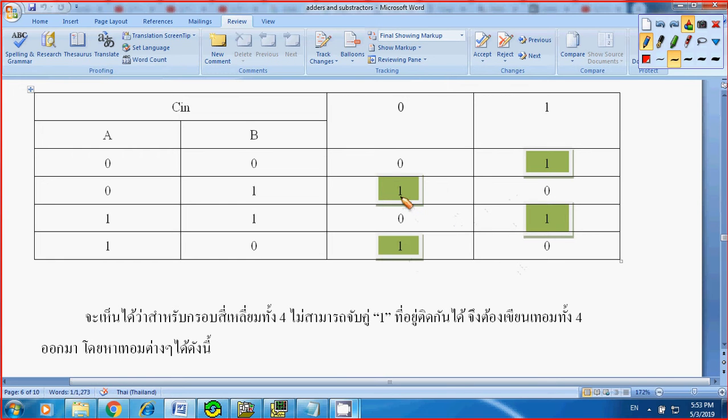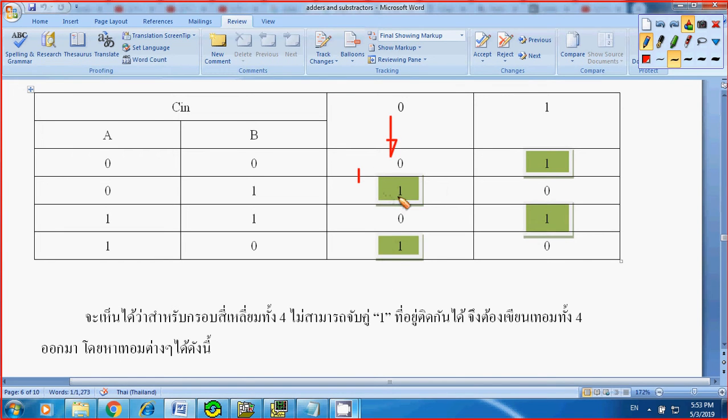And for the way to write your output expression, take a look at this one. Okay, if your input doesn't change, you have to put your input in the expression. Let's take a look at this one. Okay, I start with this one as number 1, or sum 1. You look from the top to the bottom for this one.